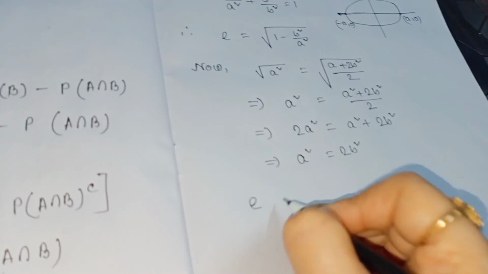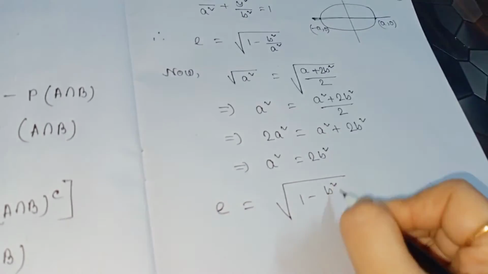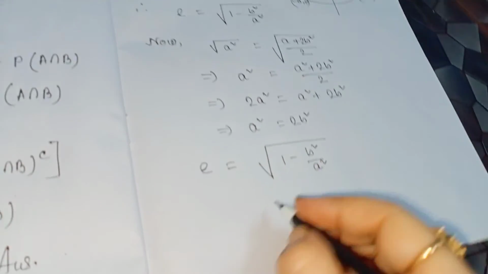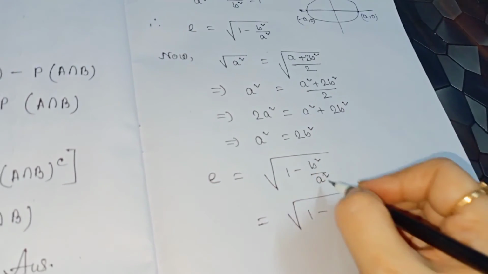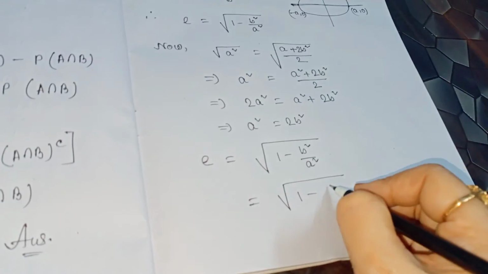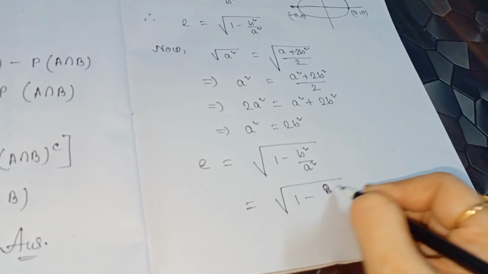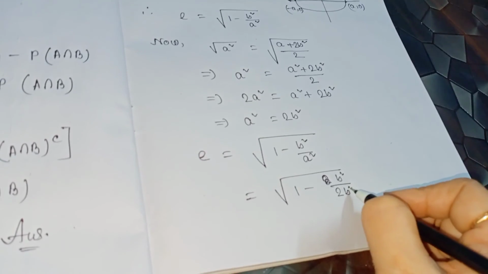Now eccentricity e is equal to root over 1 minus b square by a square. So that is equal to root over 1 minus b square divided by 2b square, as a square is equal to 2b square. So b square and b square cancel off.